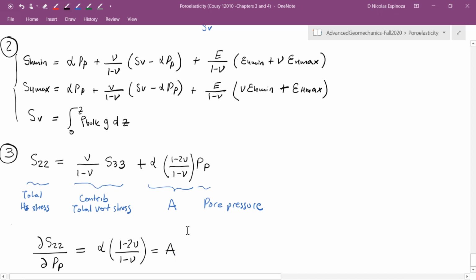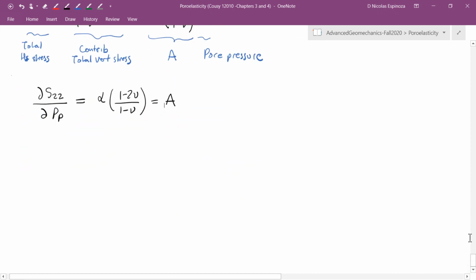And what this tells me is that the proportionality between the change of total horizontal stress and the change of pore pressure depends on the Biot coefficient and depends on the Poisson ratio. And in order to better illustrate this concept, let's plot the stresses and pore pressure as a function of time.